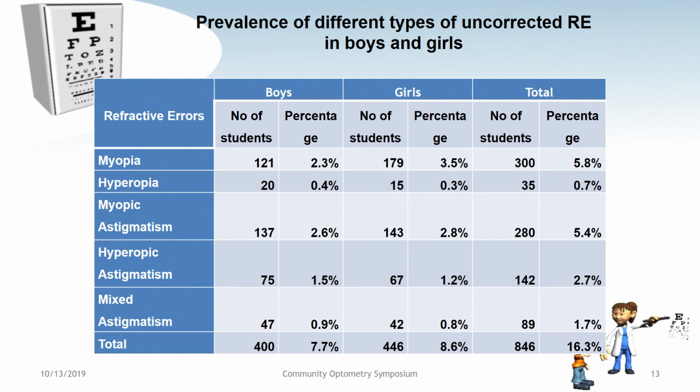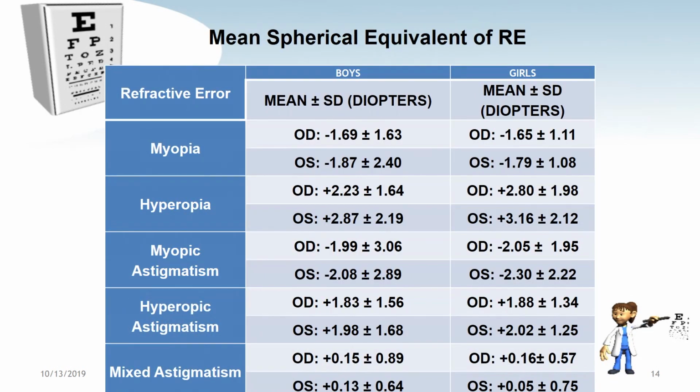And uncorrected refractive error actually was 16.3, which is really high. The mean spherical equivalent of refractive error is shown here in detail for the right eye and the left eye for the different types of refractive error.